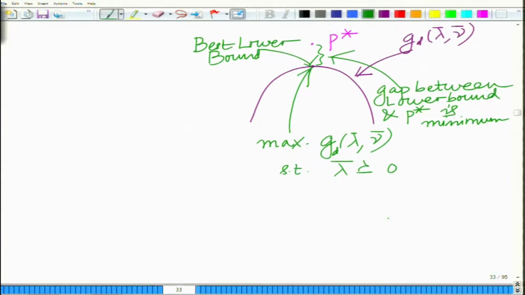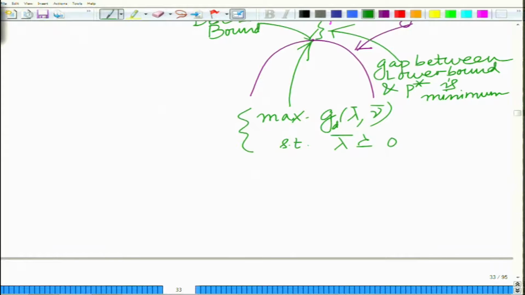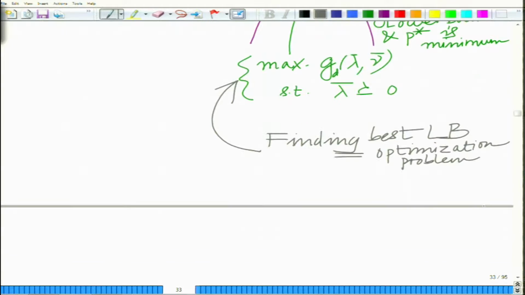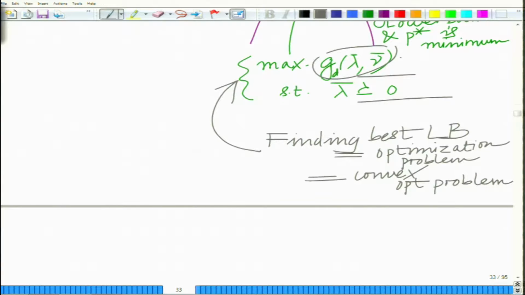Now you can see that this is an optimization problem: finding the best lower bound. In fact, the interesting thing is that this is a convex optimization problem, although the original problem need not be convex, because g is concave.